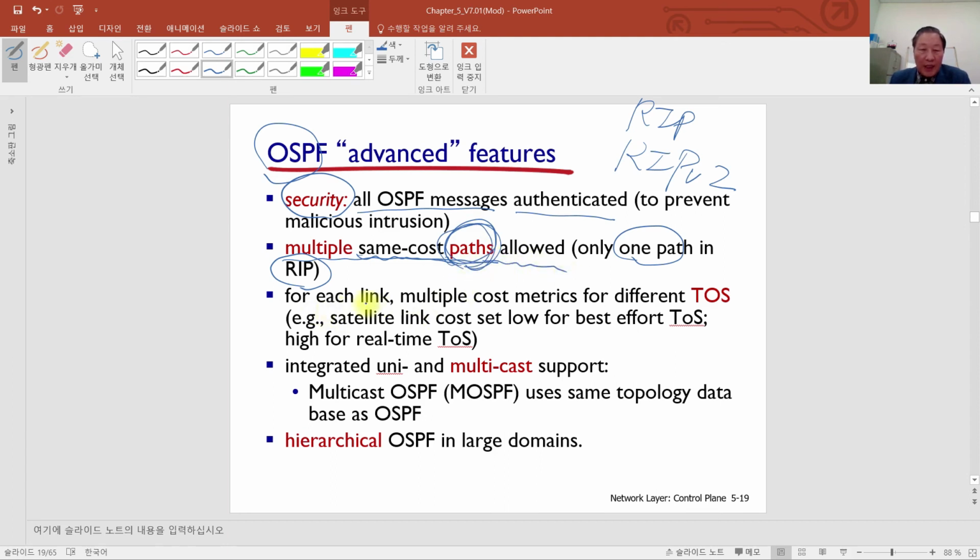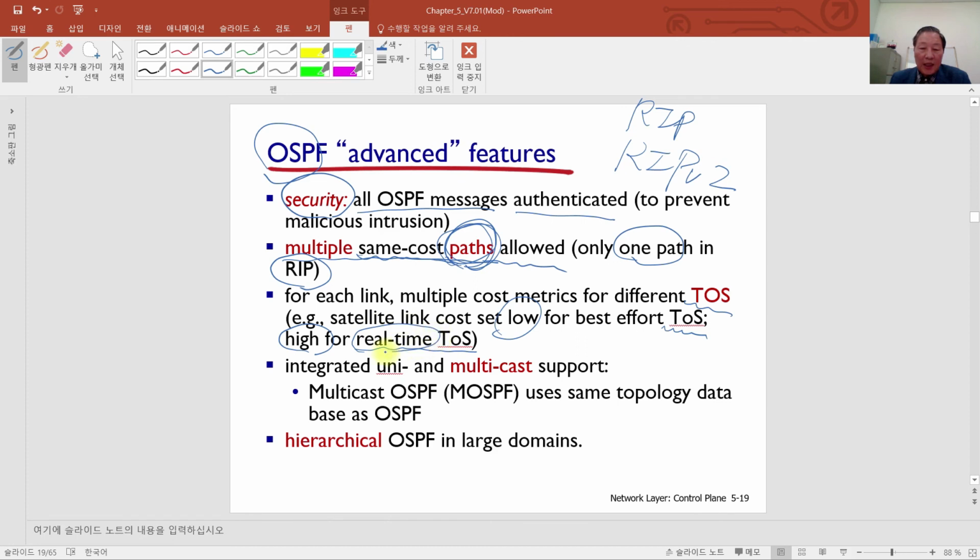And for each link in OSPF, there are multiple cost metrics for different types of service. For example, a satellite link's cost is set low for best effort type of service, but it is very expensive for real-time type of service.